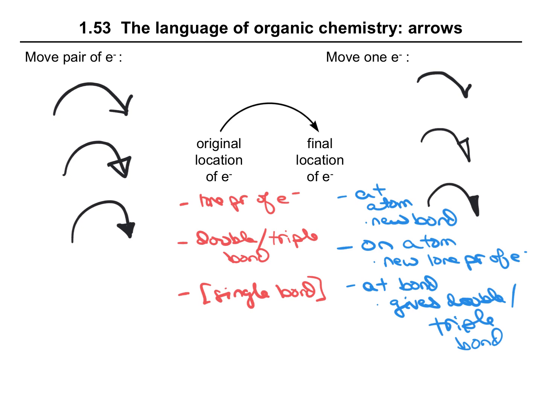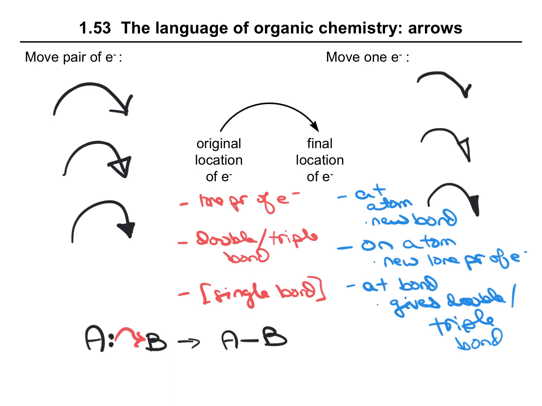So for example, let's say we have A with a lone pair reacting with B, and our arrow goes from here to here, resulting in a new bond.